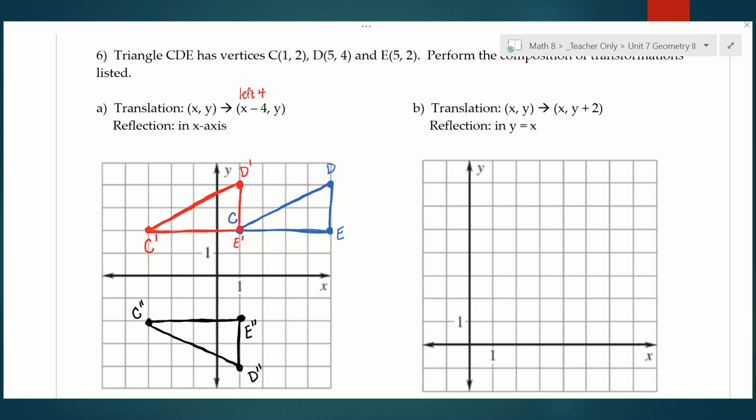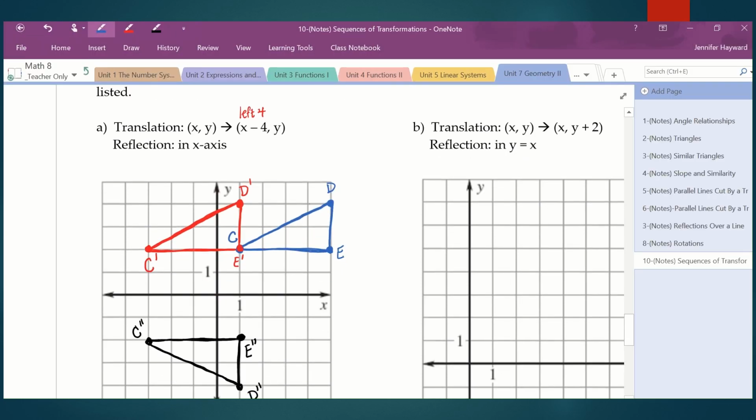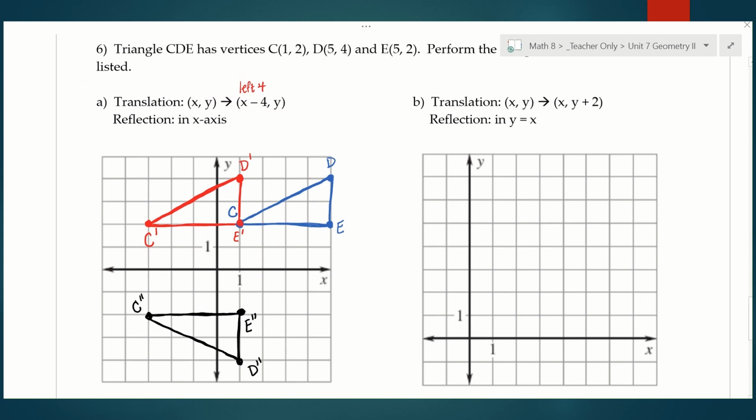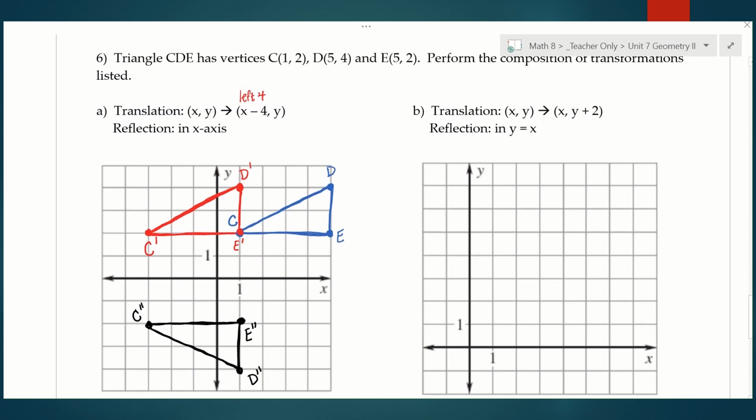Over here, we are going to do the same exact pre-image. So we're just basically going to replot triangle CDE.